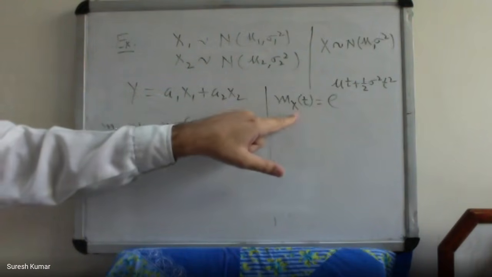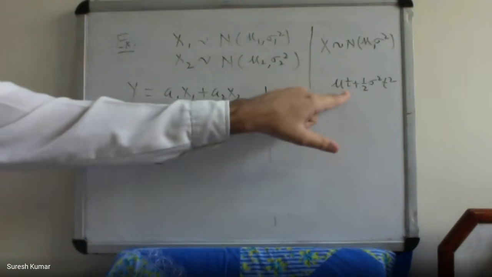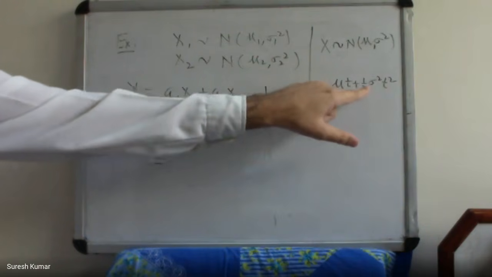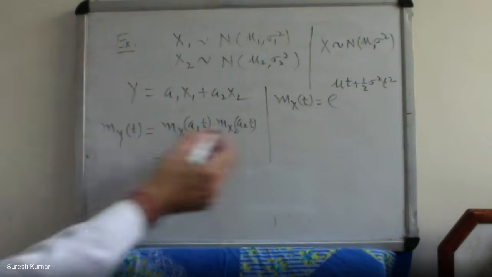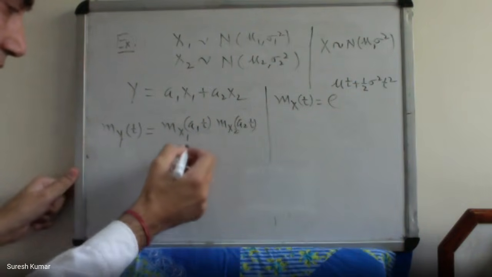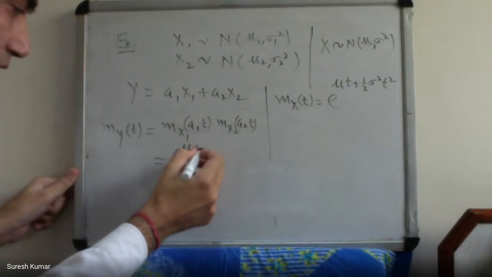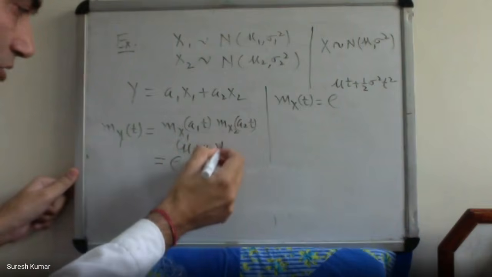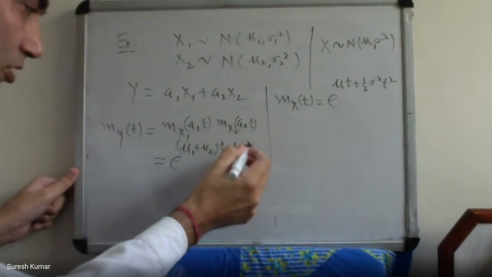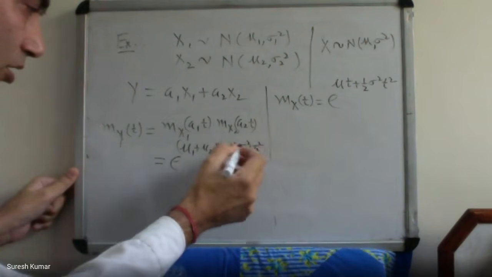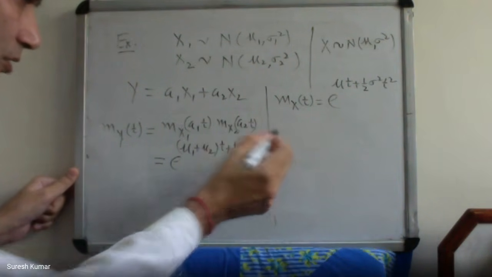Likewise M_X2(t) is e power mu2 t plus half sigma2 square t square. Let's substitute those two here and multiply. What do we get? We get e power (mu1 plus mu2) times t plus half (sigma1 square plus sigma2 square) t square.